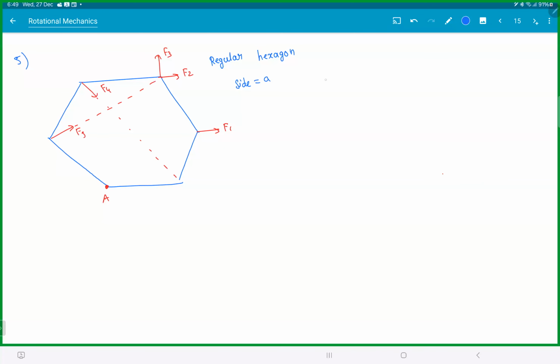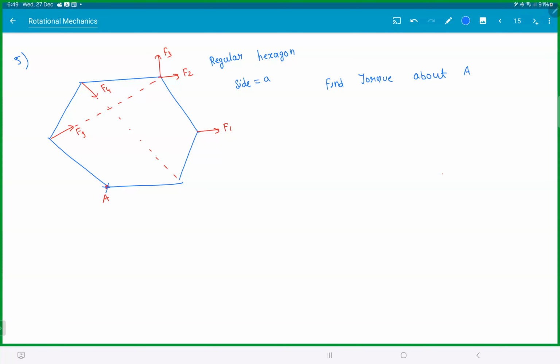Find the torque about point A. A is a corner. A is not the center. Same question, I just change the shape and 5 forces. Find the torque about this point A due to F1, F2, F3, F4, F5.